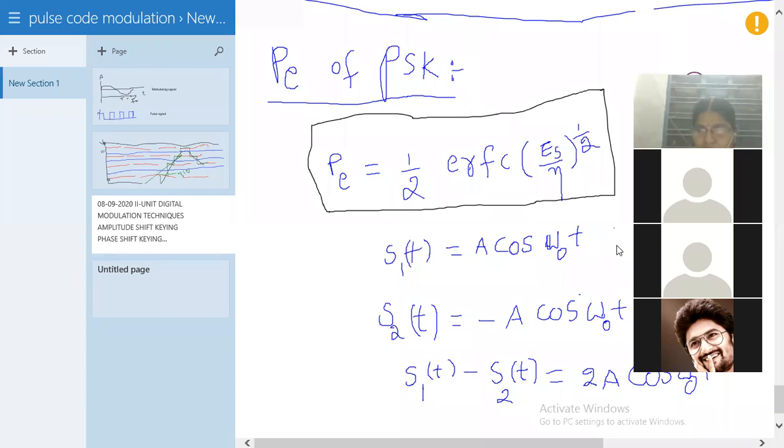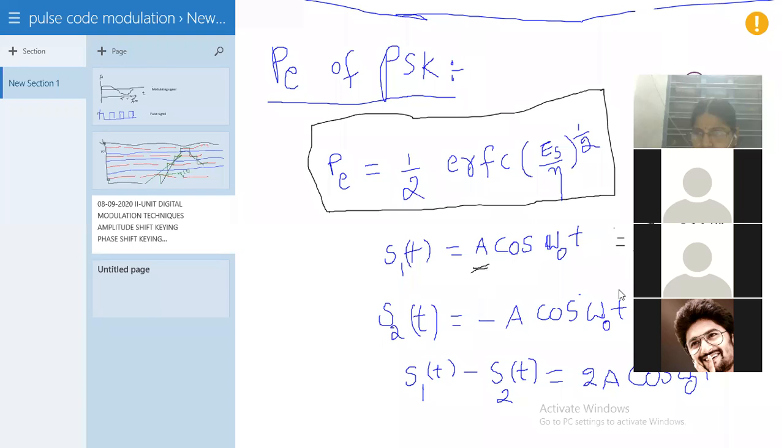Instead of writing root of 2Ps cos omega naught t as I said in the starting class, root of 2Ps is nothing but the amplitude, so in place of root of 2Ps I directly wrote A.